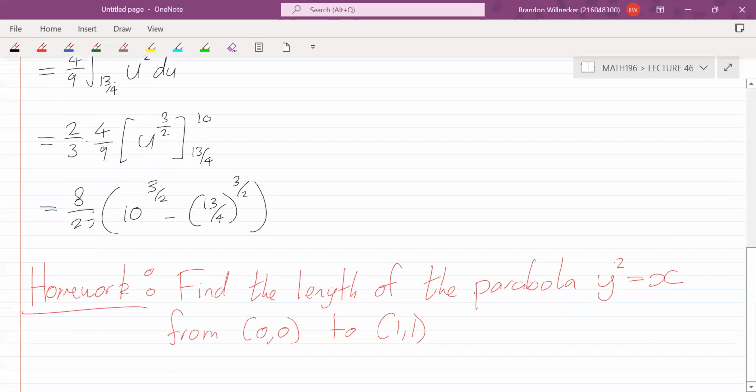So it's a sideways parabola because it's y squared equals x. So we want to go from the origin to this point. I want to know what the length of that little segment is.